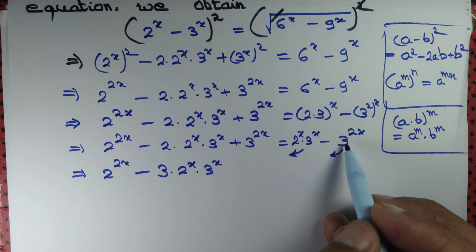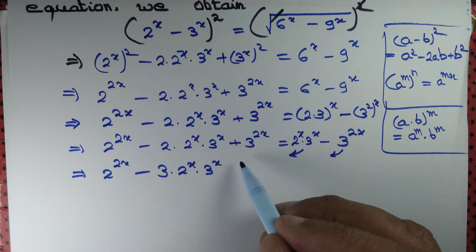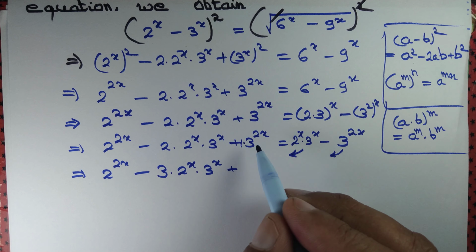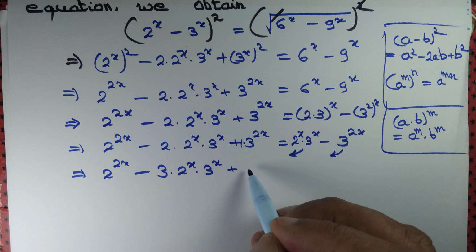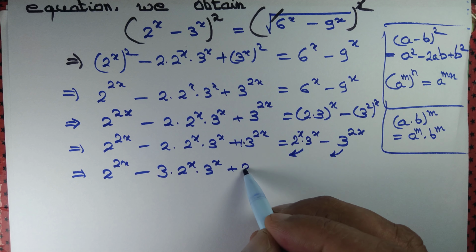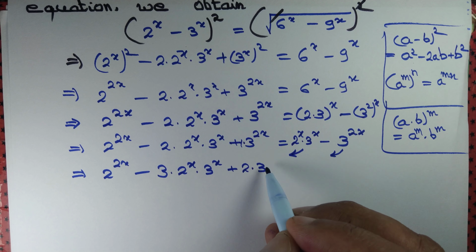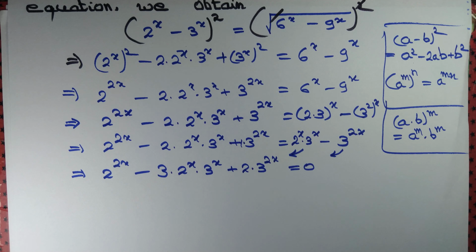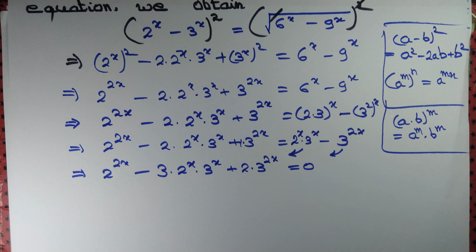And then this one, minus of 3 to the power 2x. If you take it to the left hand side, it will be plus. So plus of 1 number of 3 to the power 2x and 1 number of 3 to the power 2x. That gives us 2 number of 3 to the power 2x equal to 0.